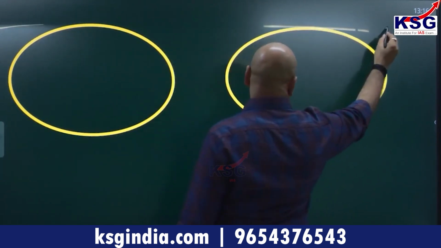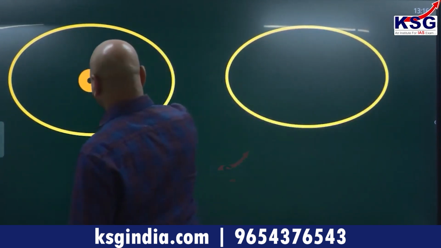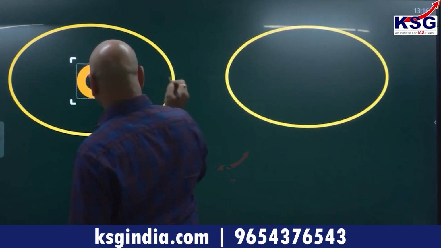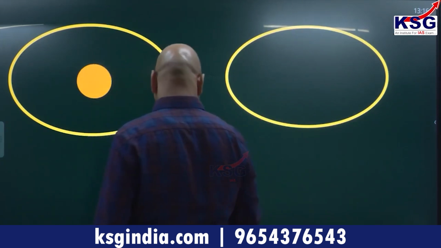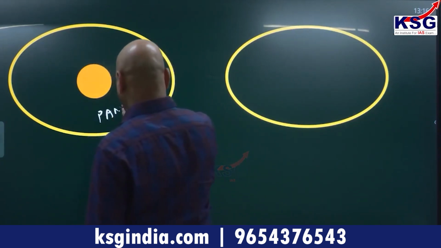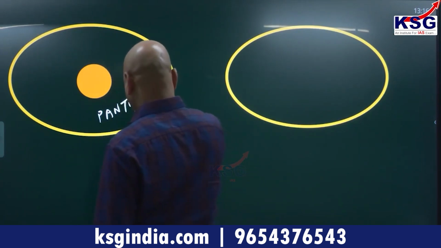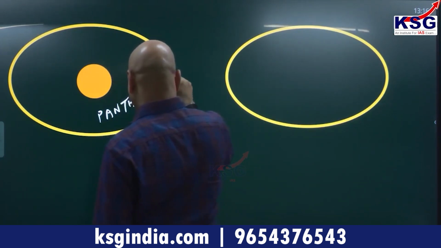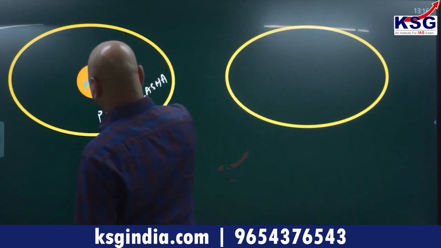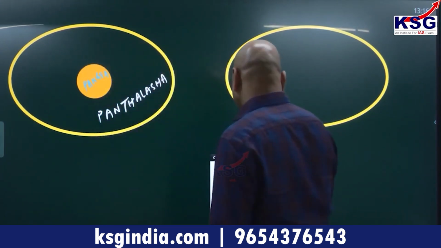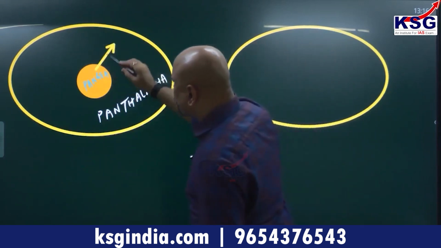This supercontinent was surrounded on all sides by Panthalassa. This one was Pangea. This Pangea got split up into two parts. One part moved northward, another southward.